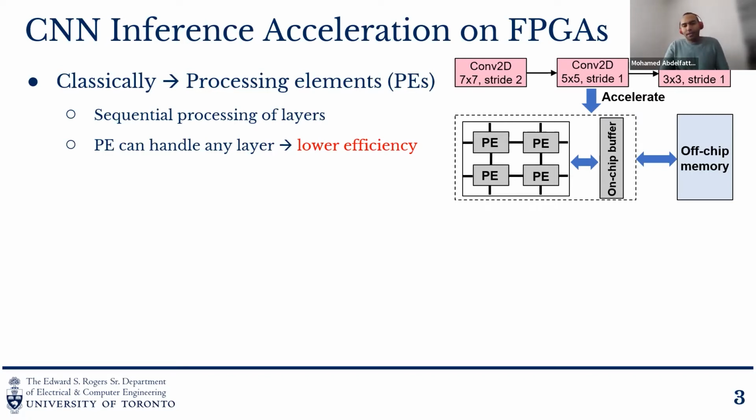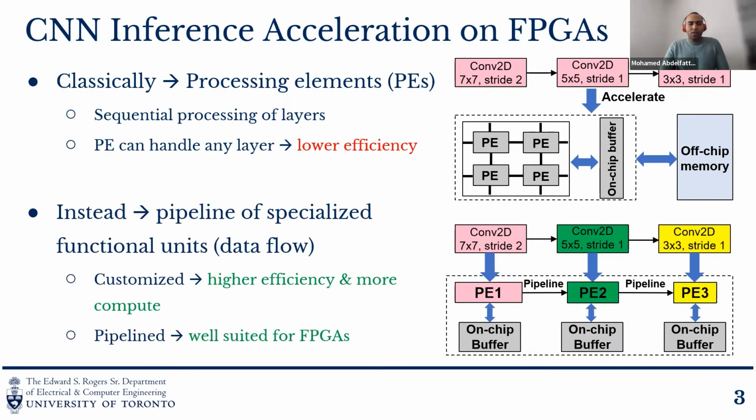And this motivates the second style, which is called a data flow architecture, or data flow style. In this style, instead of having this fixed, unified set of processing elements, we have a processing element, or a functional unit, we call it, for every layer in the CNN.